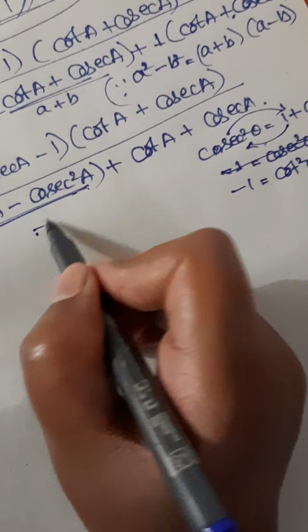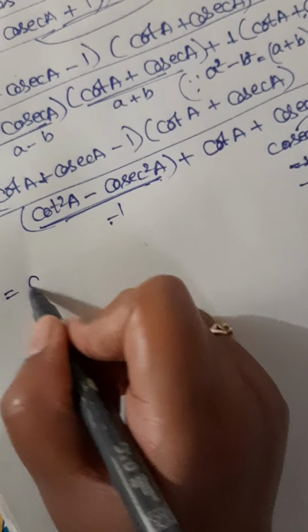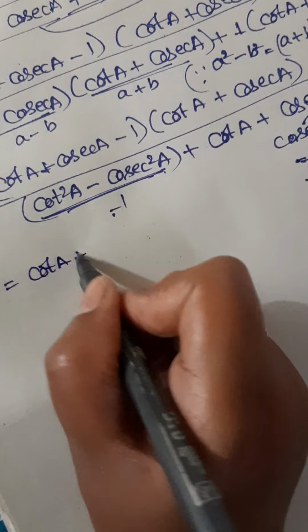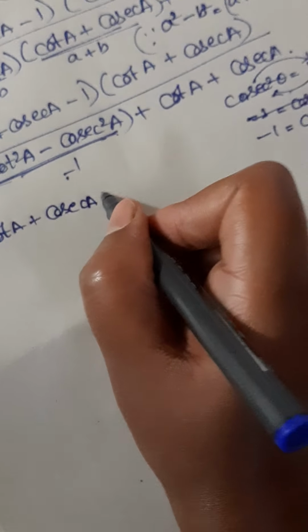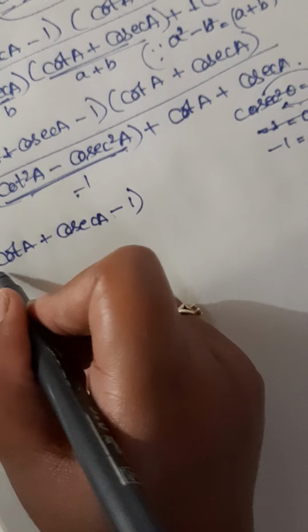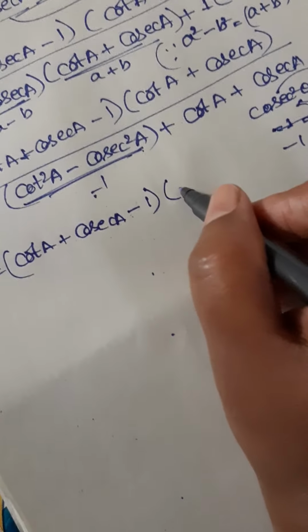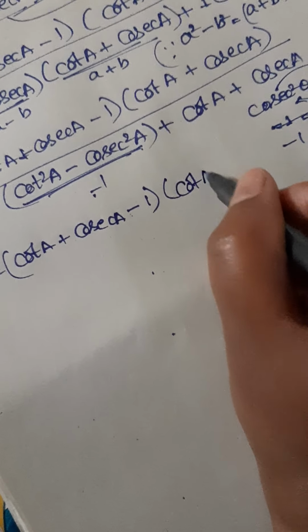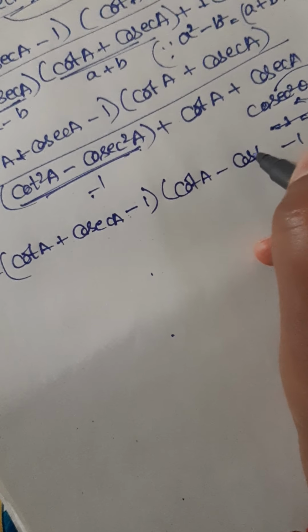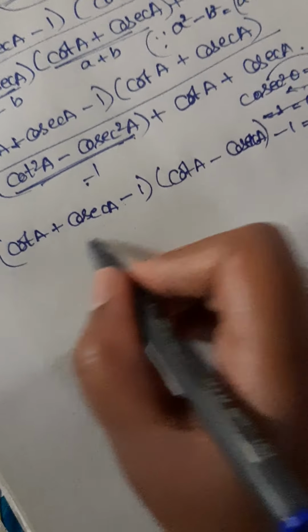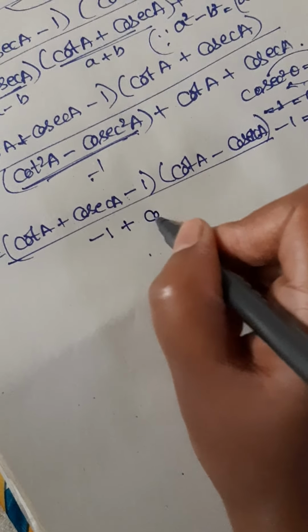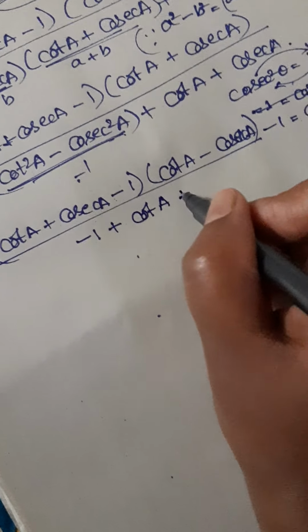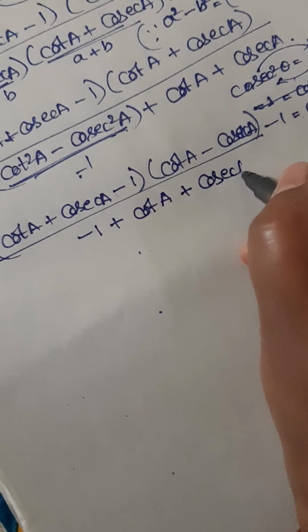So in place of this we got minus 1. So now let's write cot A plus cosecant A minus 1, cot A plus cosecant A, divided by minus 1 plus cot A plus cosecant A.